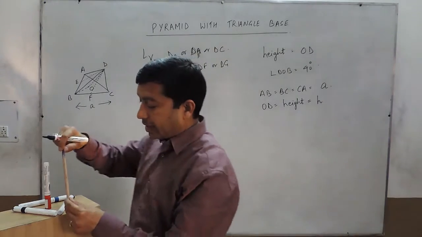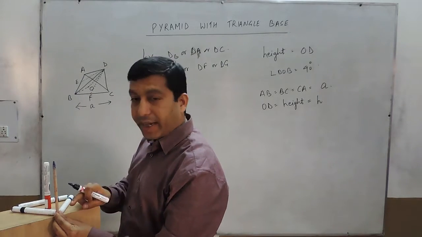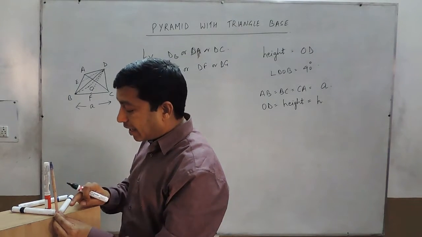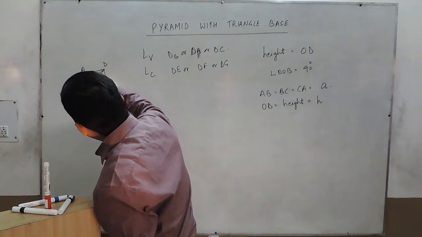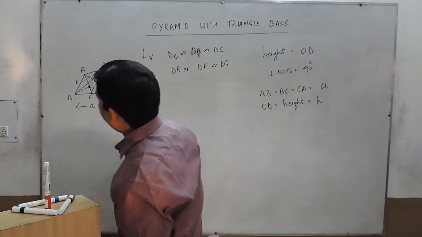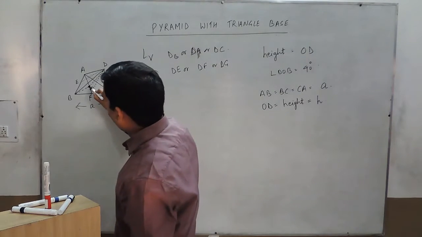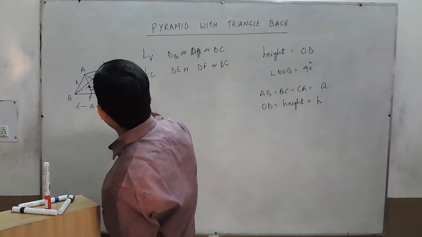Now the question arises: if I want to find the slant height at the vertex, then in a triangle ABC, if there is a line passing through the centroid of the triangle, then this centroid O divides the line AF in the ratio of 2:1.